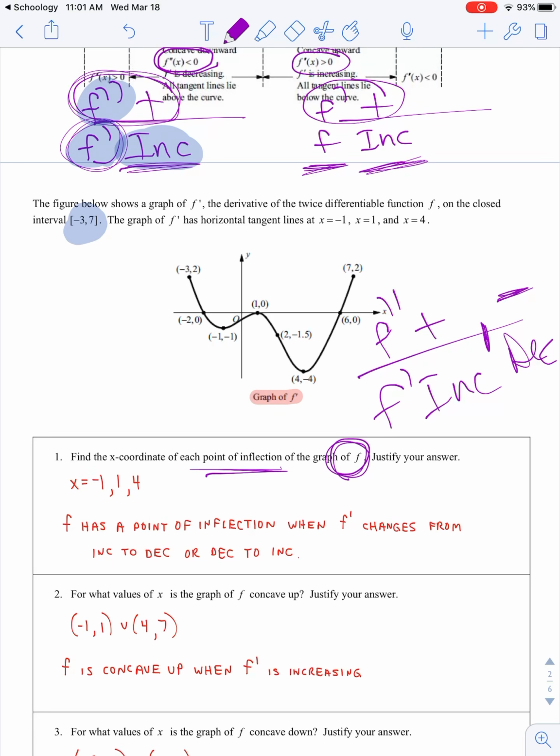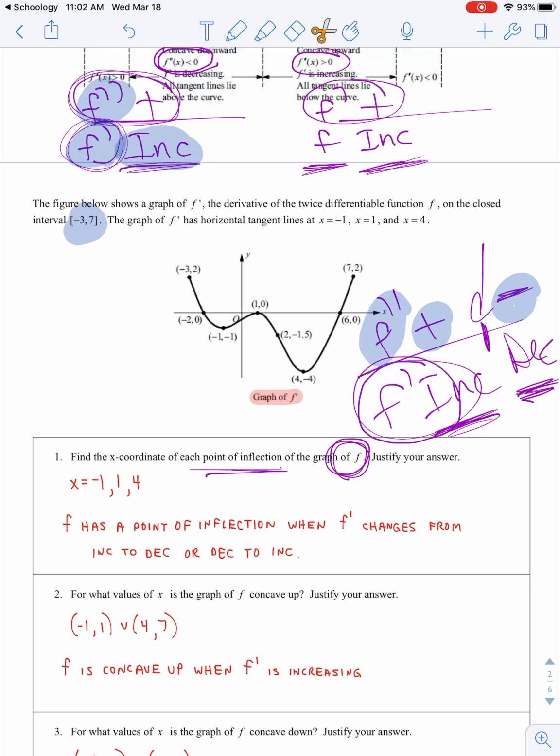So since this is the graph of the derivative, we are looking to see when does the derivative change from increasing to decreasing, or vice versa, because if the derivative changes from increasing to decreasing, that means that the second derivative is changing from positive to negative, which creates a point of inflection.